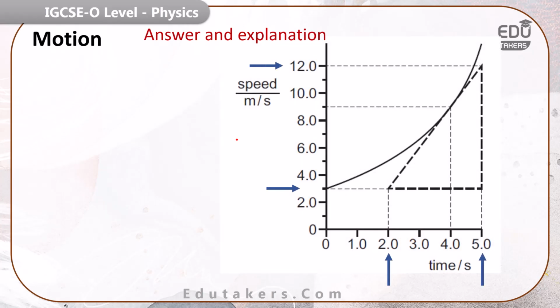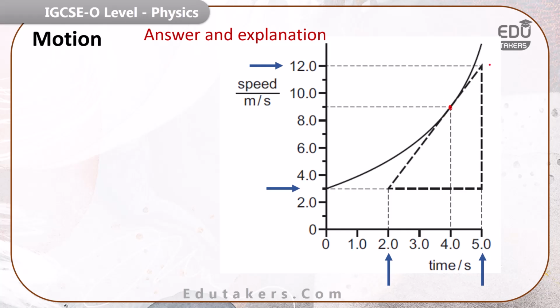See this graph? Here, they also draw the rectangle. Sometimes when you get a curved path on the speed time graph and you are going to find the gradient, here they say that you need to find the acceleration at 4 seconds. 4 seconds is here.